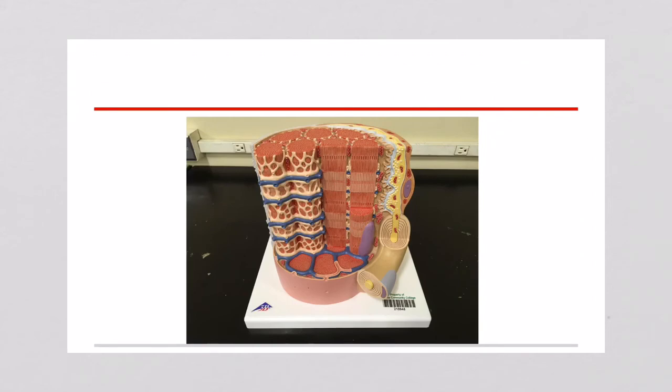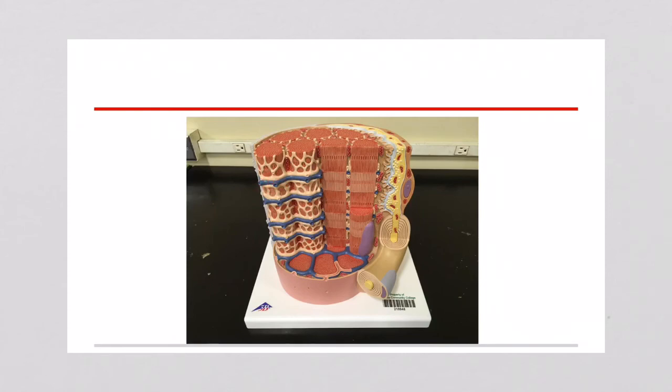There's a reverse coloring. The T-tubules in this model are blue. The T-tubules in the illustration were more of a whitish. But here we can see that sarcoplasmic reticulum ending in the terminal cisternae, T-tubule, and another terminal cisterna. So this is where we get that triad again.